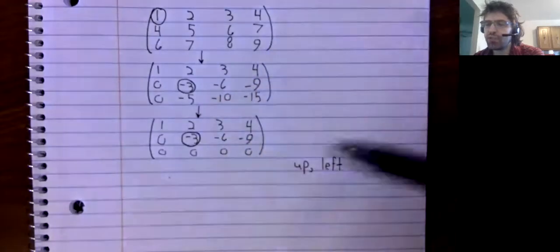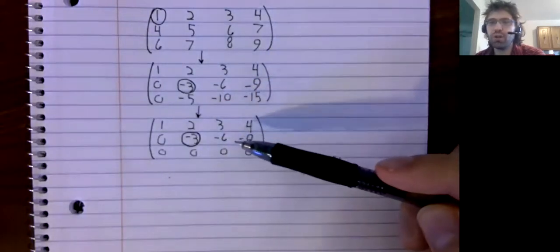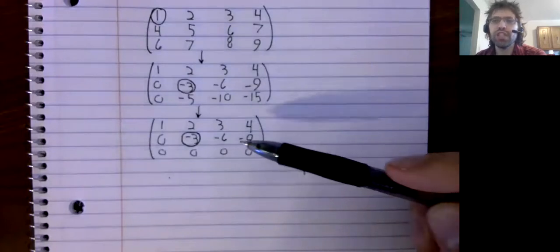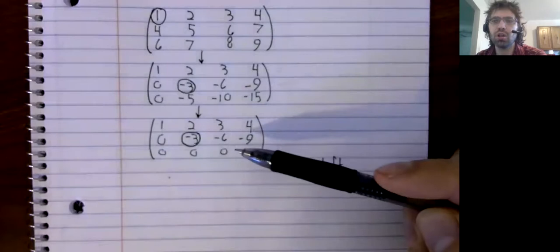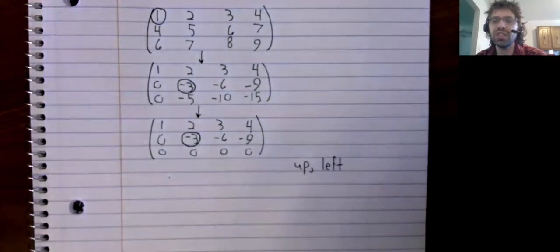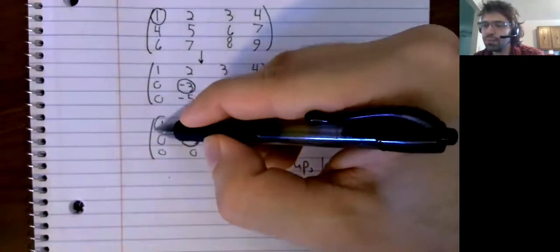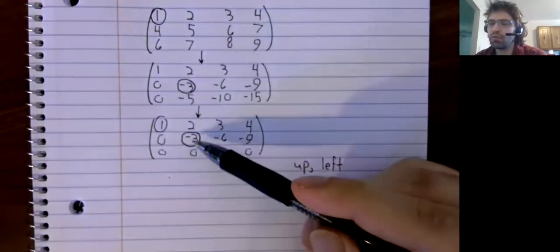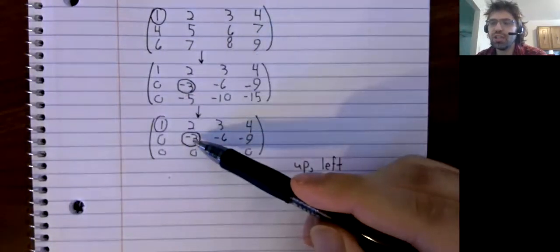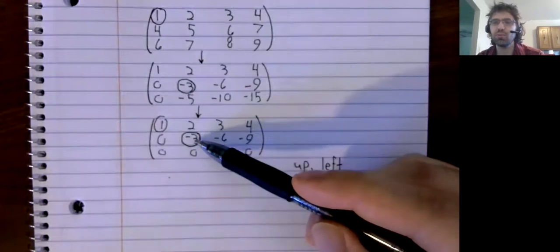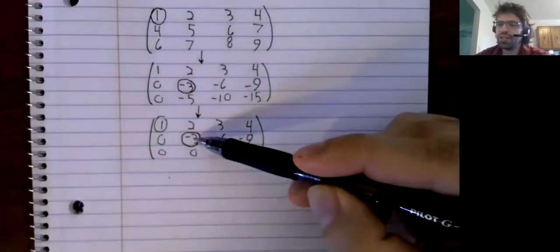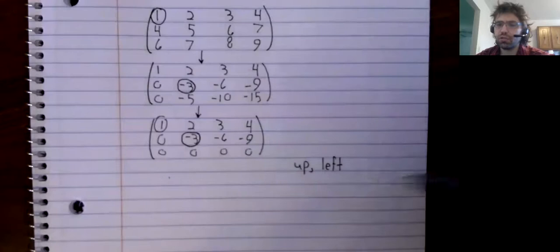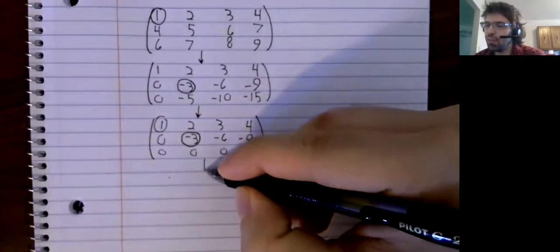Now that this matrix is in row echelon form, we can read off the pivot positions, the first non-zero entries in a row. And the bottom right pivot position is this one. We need this leading entry to be 1.